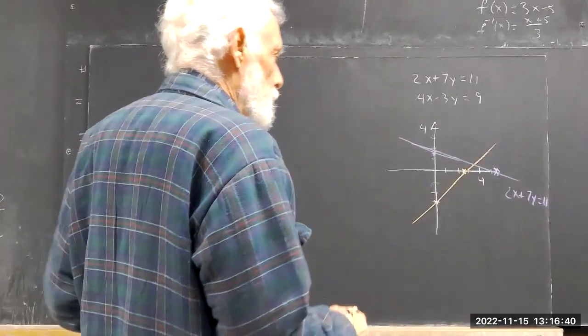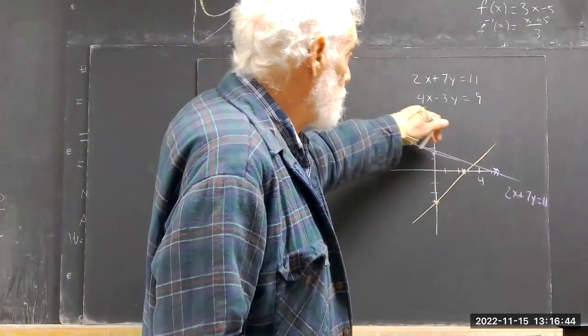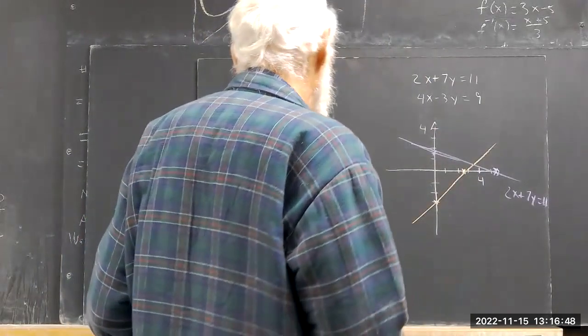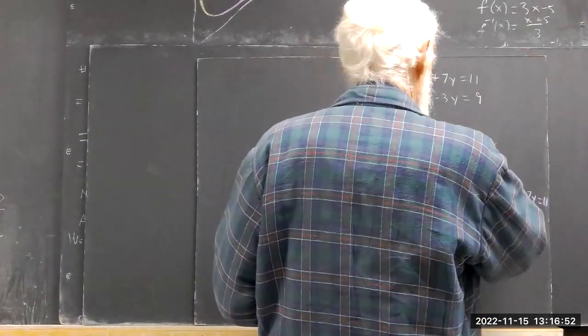So to the extent I drew these lines correctly and had an equal scale, the point where they cross should be close to a solution to the equations. So I'm going to estimate the coordinates at this point.